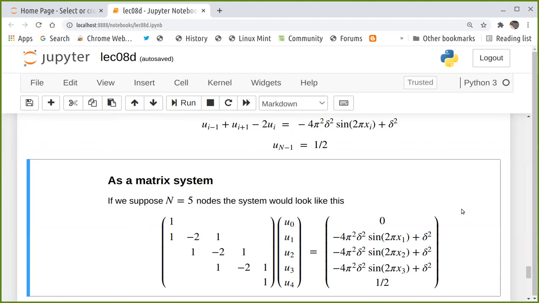You're saying should there be one more one in the last row? Is there a reason why it's not there? So this last row, all it says is that 1 times u4 is equal to 1/2. u4 equals 1/2. That's the boundary condition.